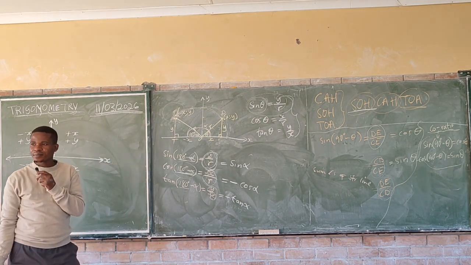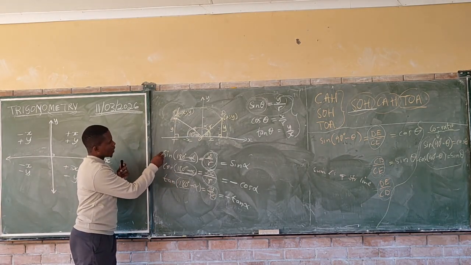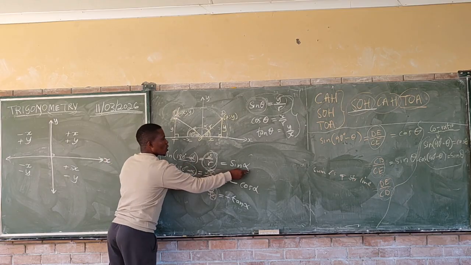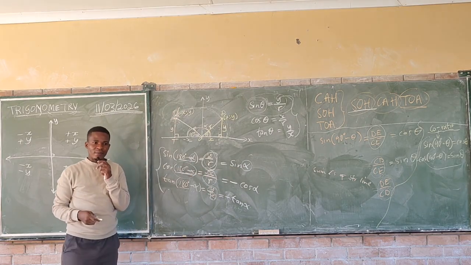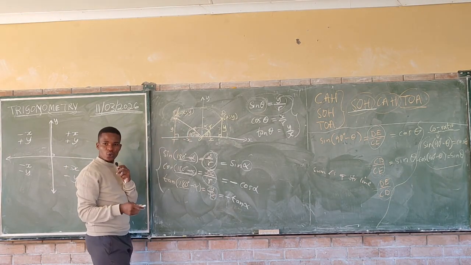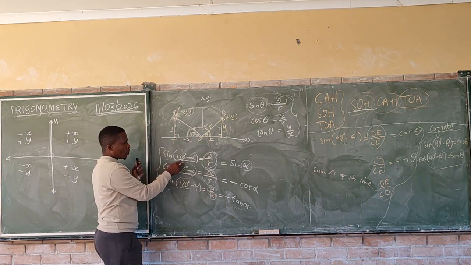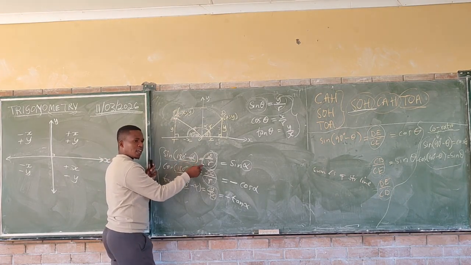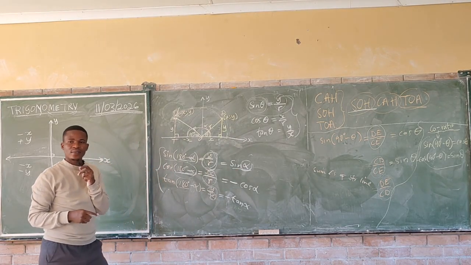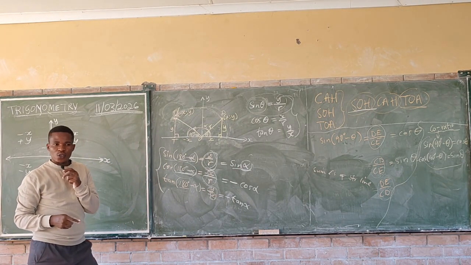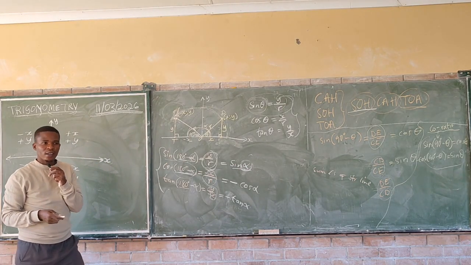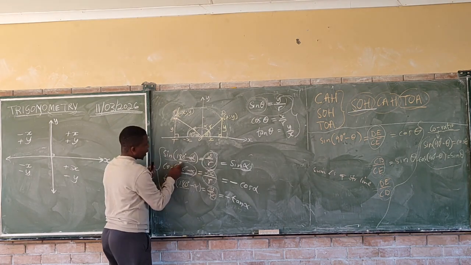So in the second quadrant, take note of this, 180 minus, can you see that we're going to end up with our angle? But we'll use the diagram. So now it is a rule that if we see sine of 180 minus, then we're going to end up with the sine of that angle. Is that clear? But that sine of the angle will depend on which quadrant you are in.